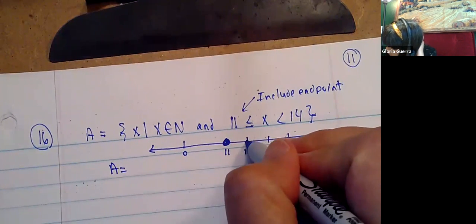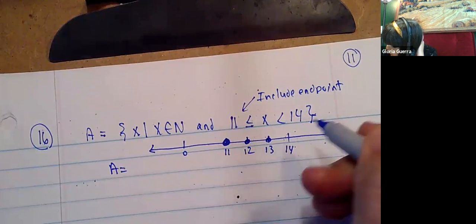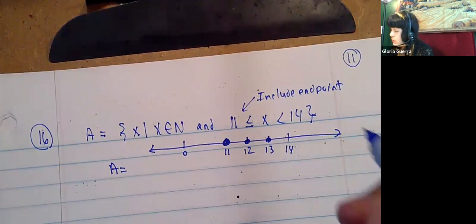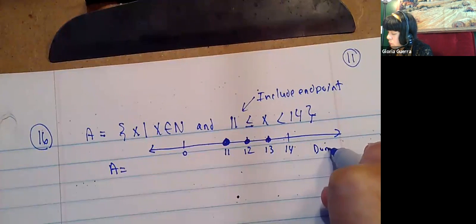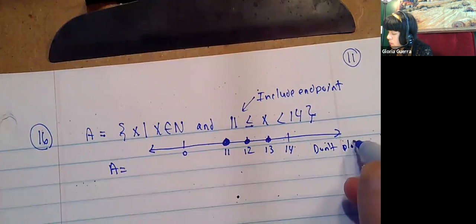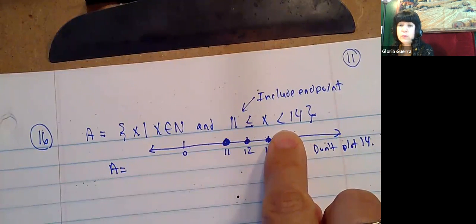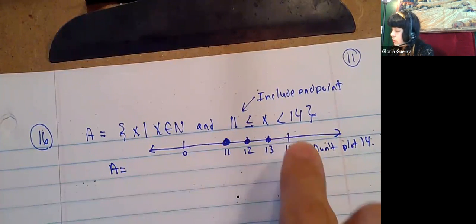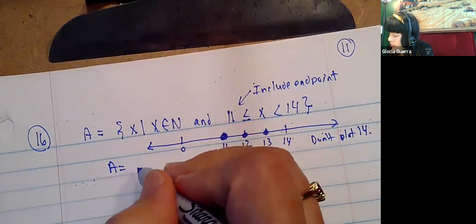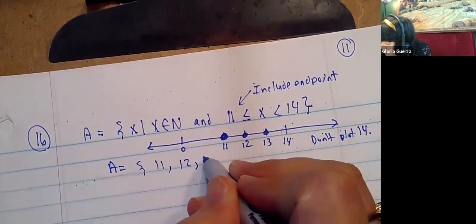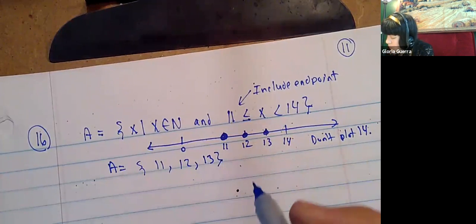And then you want 12 and 13. But don't put a point on 14. Don't plot 14, because see, there's no underscore. Okay, so A is 11, 12, and 13.